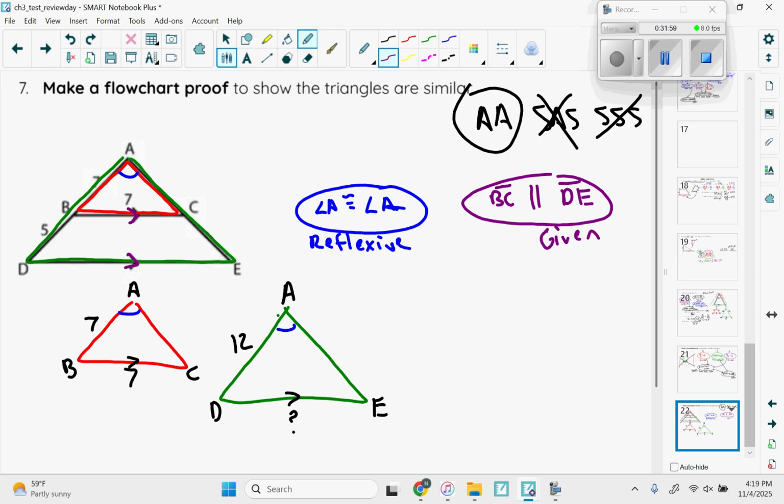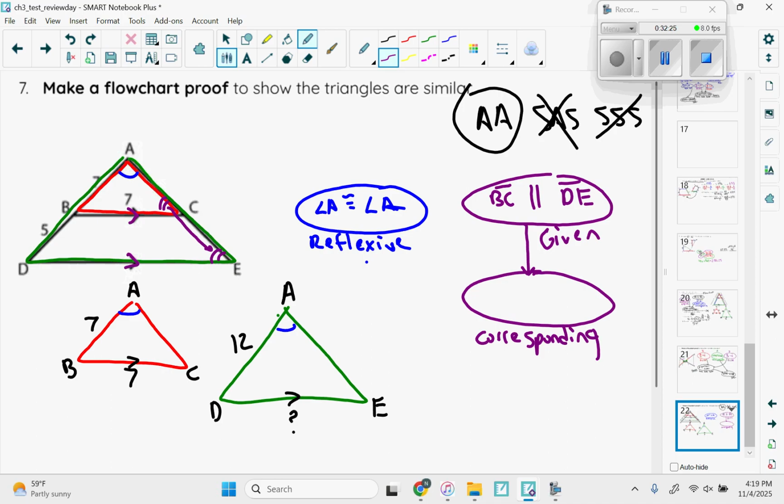And the reason why we want that parallel lines bubble in there, it's going to show us corresponding angles again. So, for example, this time, this angle here can slide down and match with this angle. Those are corresponding angles.